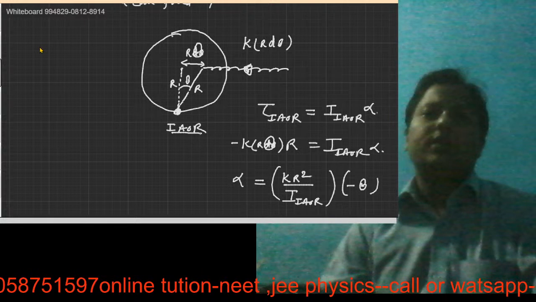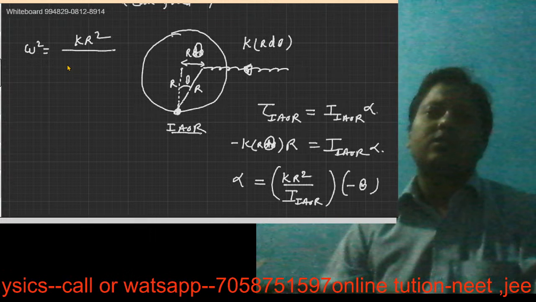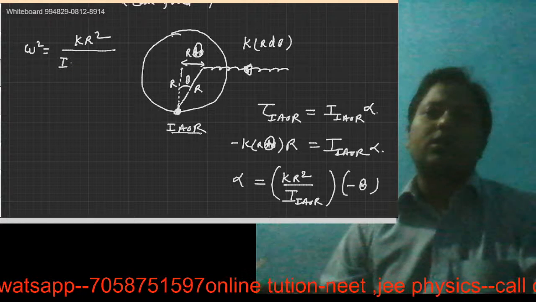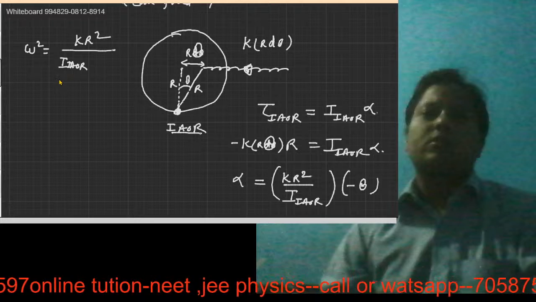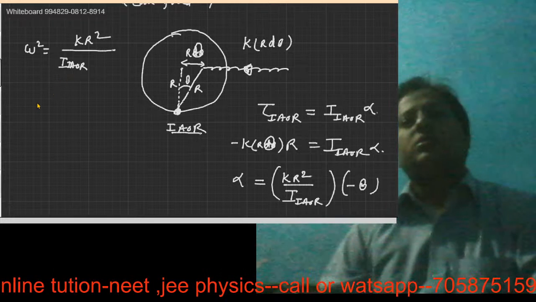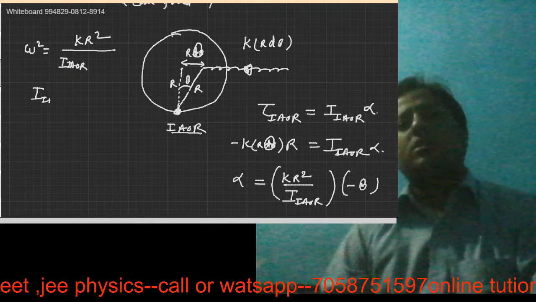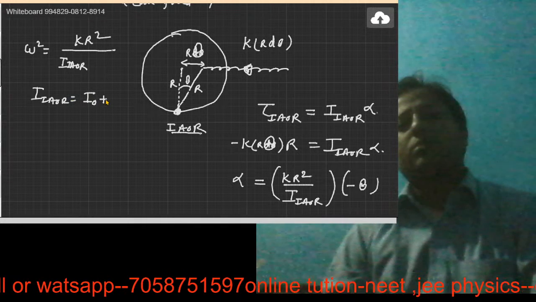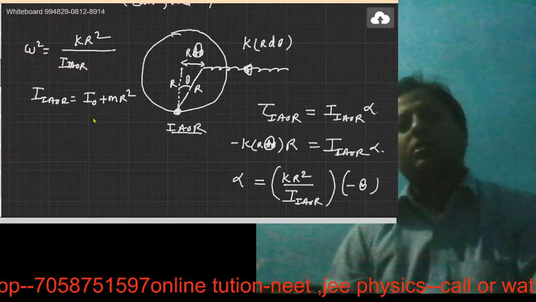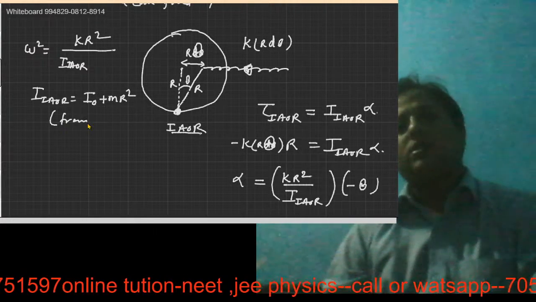So comparing, omega square comes out to be k r square divided by IAOR. What is IAOR? IAOR is nothing but I of the center of mass plus m r square, from the parallel axis theorem.